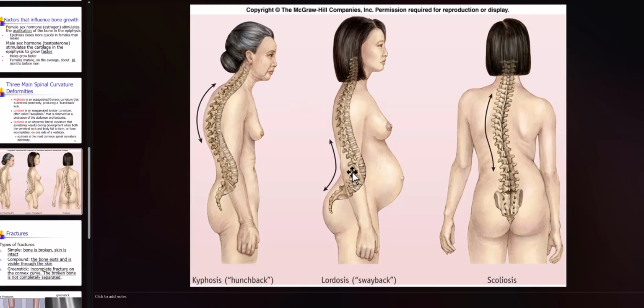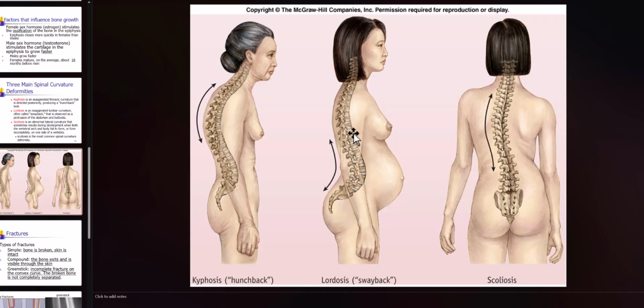And then lordosis is more of a lumbar sway back. This is more of a lumbar exaggeration, and this is more common in pregnancy. This is also far more common in obesity. And the solution to reducing that stress on the lordosis is to have the baby or lose weight, and that will reduce that pressure on that lower back.